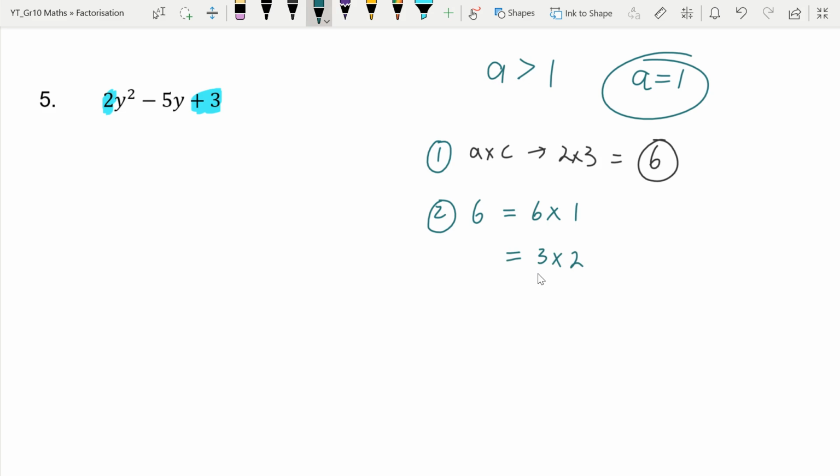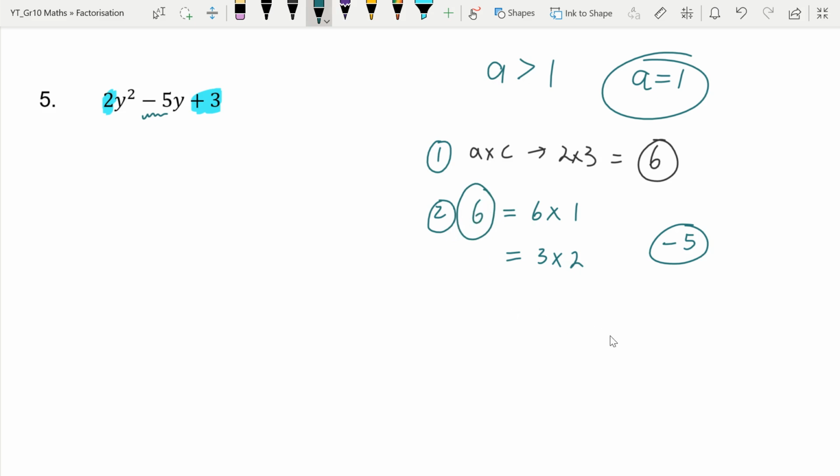Now, what are we going to do with those factor pairs? We want to add or subtract those factor pairs so that they get us back to our middle term of -5. But be careful, when we multiply them, they must still get us back to positive 6. So let's explore and see what works.